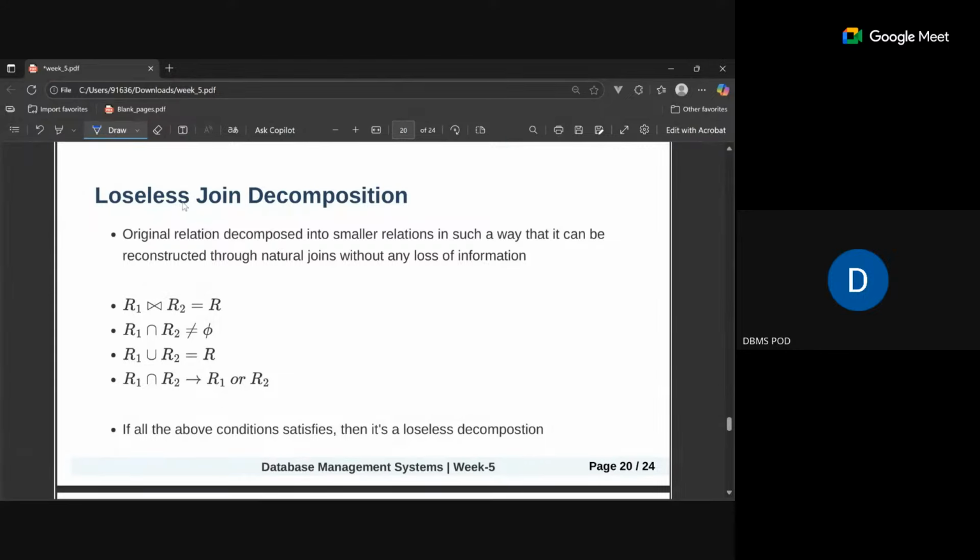Sir, is the spelling lossless or loseless? Lossless.